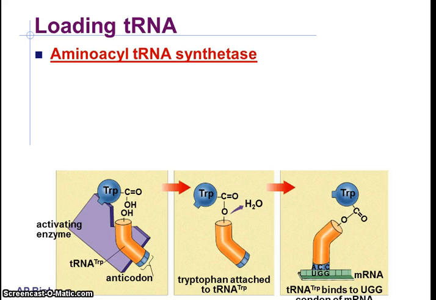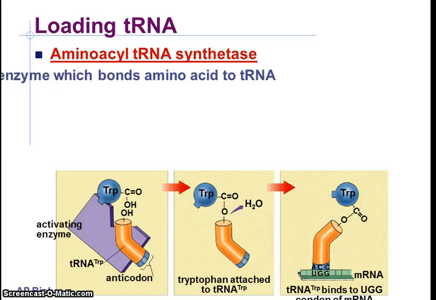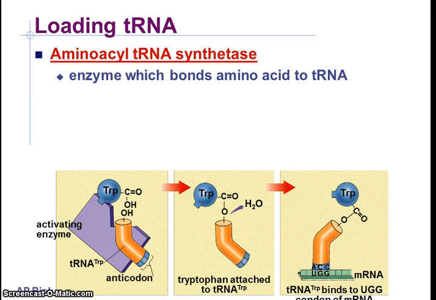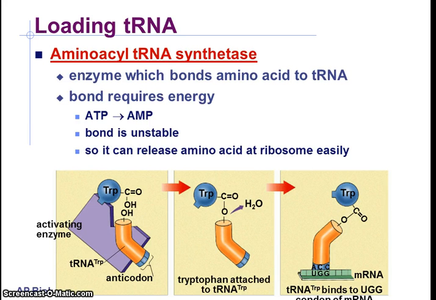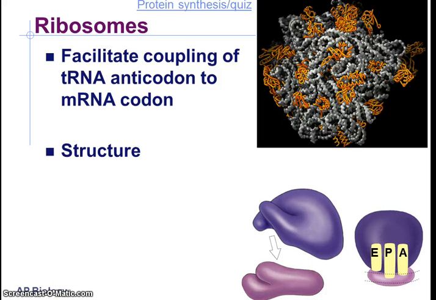In order to get that tRNA working, there's an enzyme, aminoacyl tRNA synthetase, which bonds the amino acid to the tRNA. We need energy, so ATP goes into AMP. The bond's very unstable, so it can release the amino acid at the ribosome very easily.